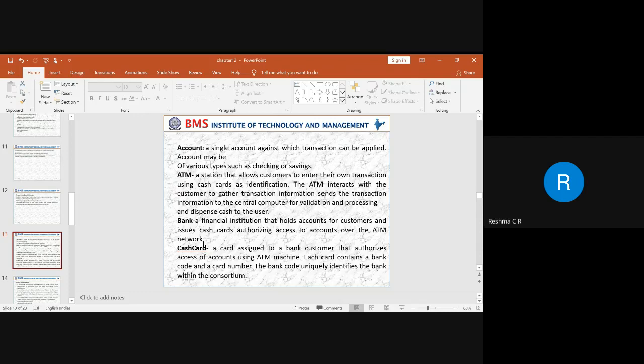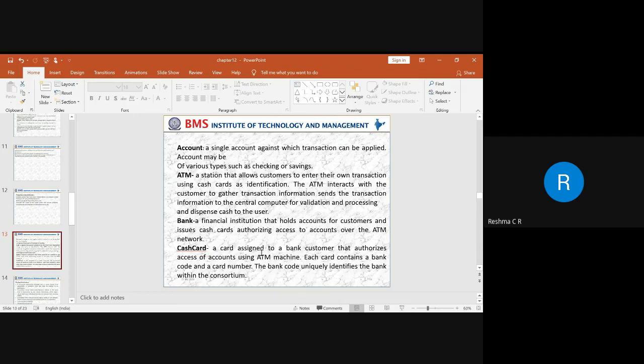Next we have a cash card. A cash card is nothing but the debit card that we specify in our ATM, where debit cards are used for making a transaction. A cash card is assigned to the bank customer.